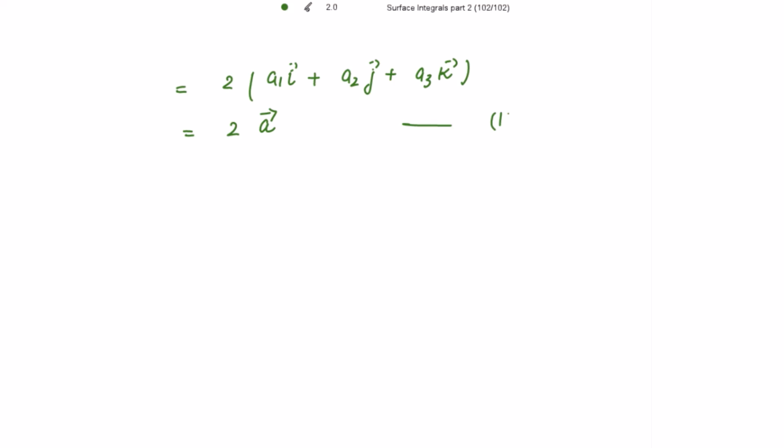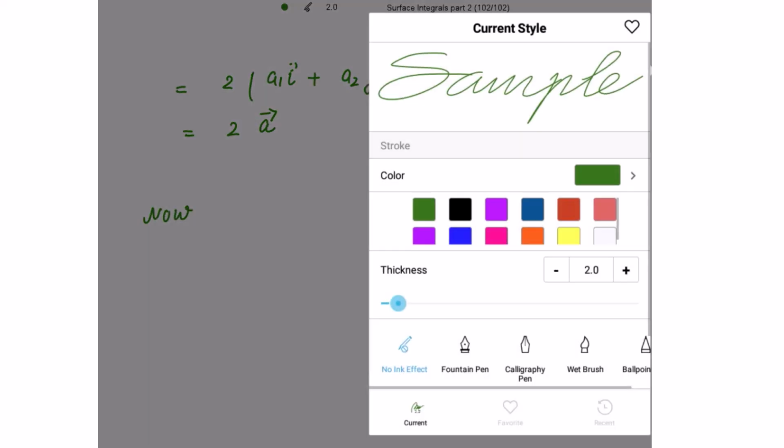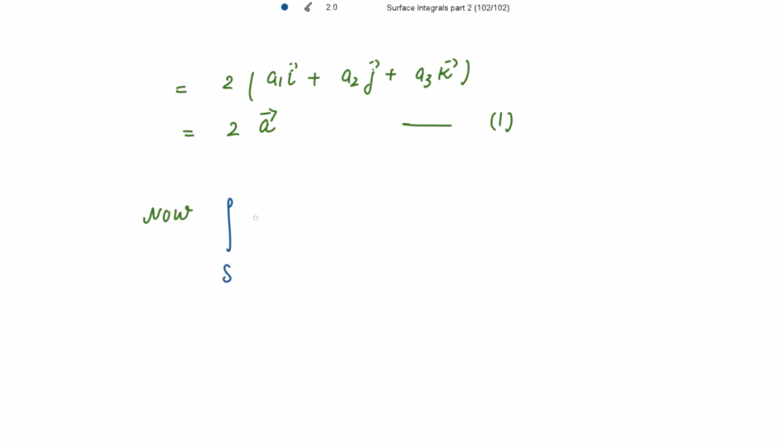Marking this as 1. Now, from the given surface integral, what do we have? It is the surface integral of n vector cross product with a vector cross r vector ds. By Gauss's second divergence theorem, this integral is equal to the volume integral of the curl of this cross product of a vector and r vector.